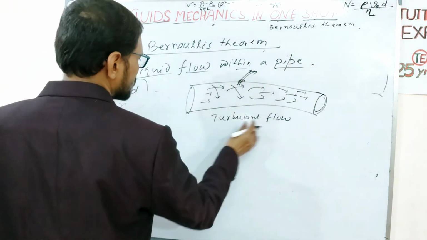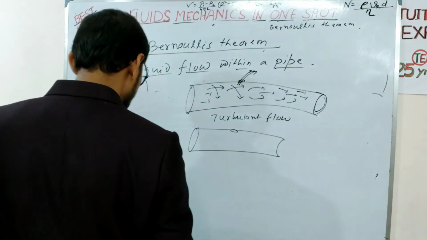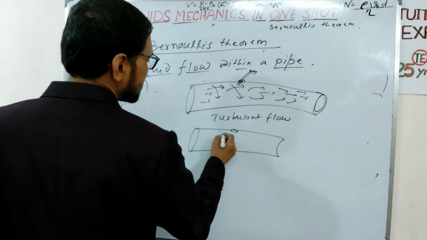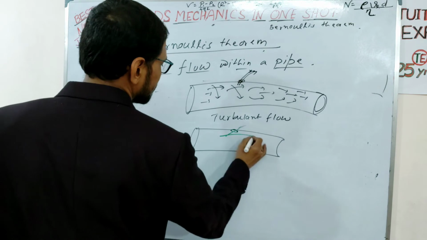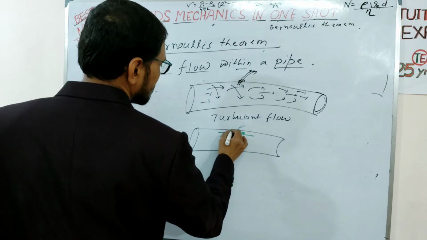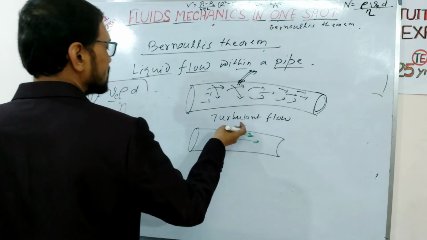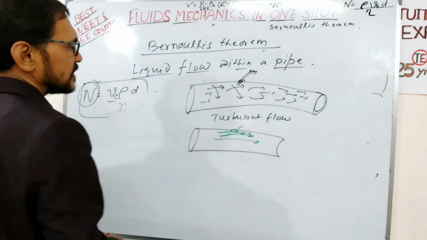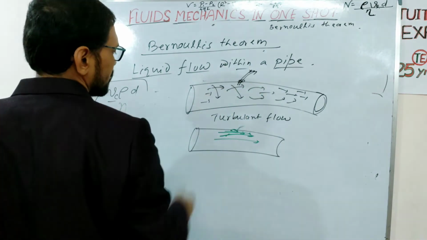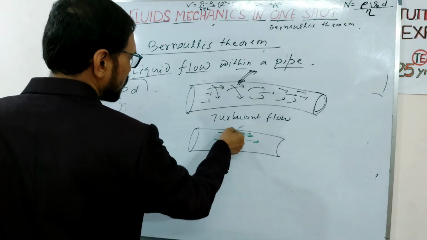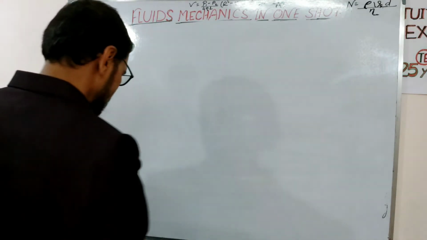But if the velocity becomes less, that is streamline flow, then the fluid does not come outside the hole, because the flow is parallel, so it cannot come outside the hole. So when velocity is more, turbulent flow is present and liquid comes through the hole. But if the velocity is less, then liquid does not come through the surface.